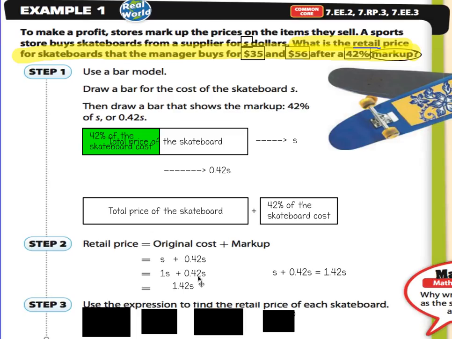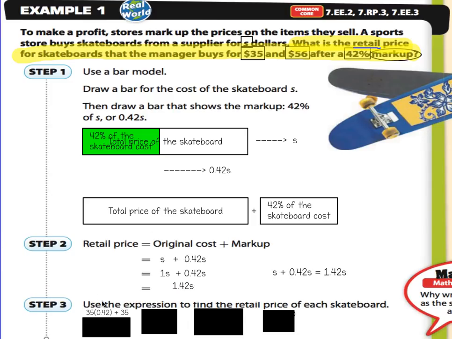So let's take a look at how this works, because I can see how this can be kind of confusing right now. Let's use the 35 and the 56. First, let's plug in the 35. If I take that $35 for the skateboard, I have 35 times the 42%.